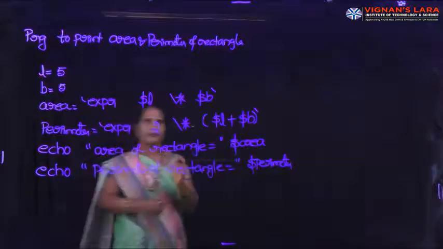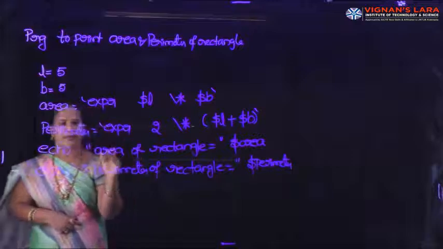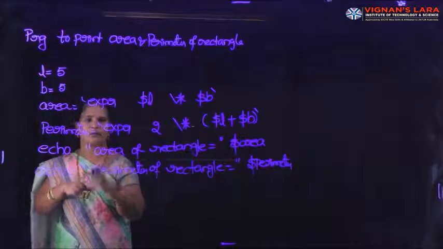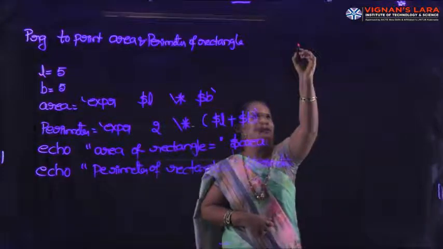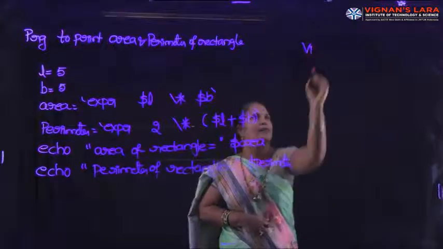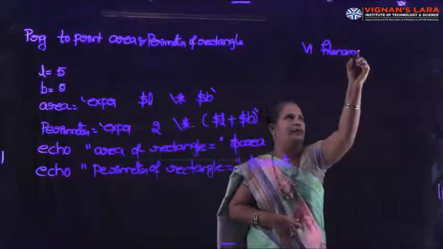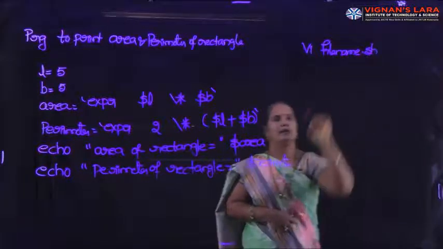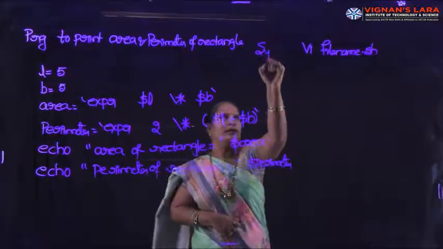All these we can write at the dollar prompt only. For example, if you want to write the entire code within the editor, we have to specify the syntax like this: vi space filename dot sh. To create a file, the syntax is vi space filename dot sh.